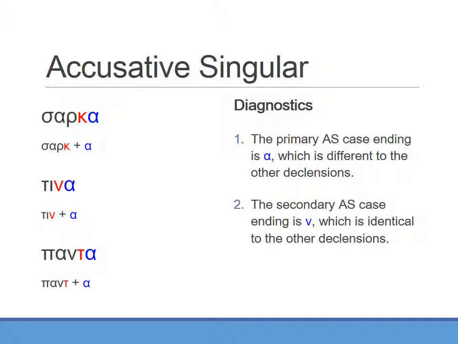A small number of third declension nouns use nu as the case ending. Nu, you will recognize, is the case ending for the accusative singular in the first and second declensions as well. So these are not too hard to recognize. The overwhelming majority, however, use alpha as the accusative singular case ending.